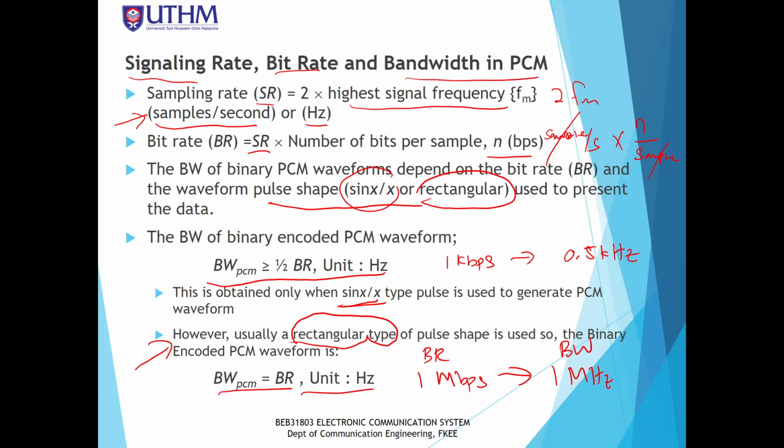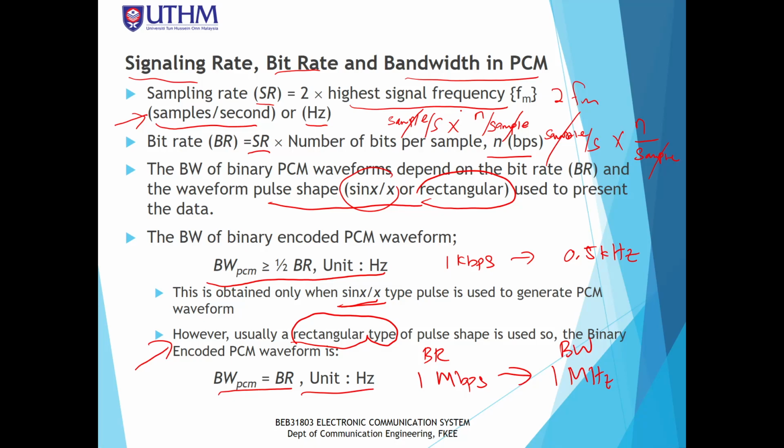So samples per second multiplied by the number of bits per sample. The output of this formula is a bit rate with a unit of bits per second.